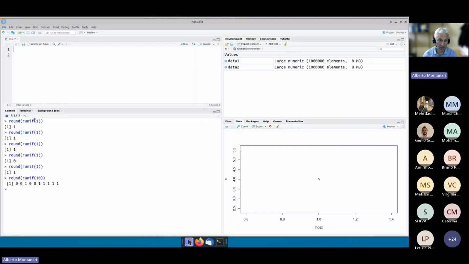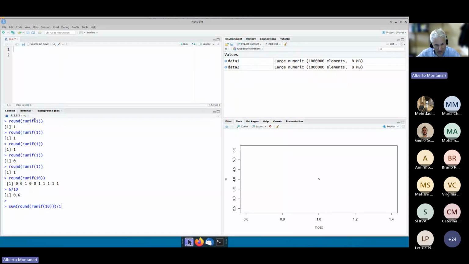In this case, it is given by the number of ones, and they are 6, divided by the total number of tossings, which is 10. So the frequency is 6 divided by 10, 0.6. This is the frequency. I can compute it directly. Let me call back the instruction, and let me compute the sum of it.